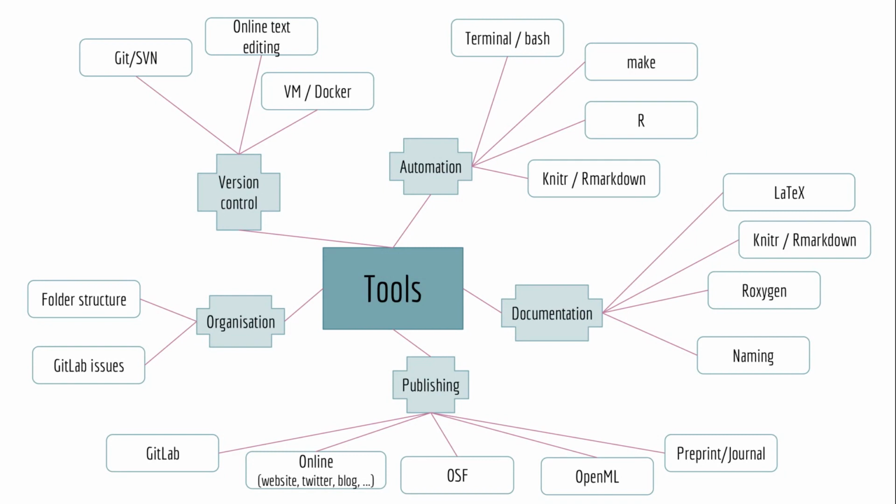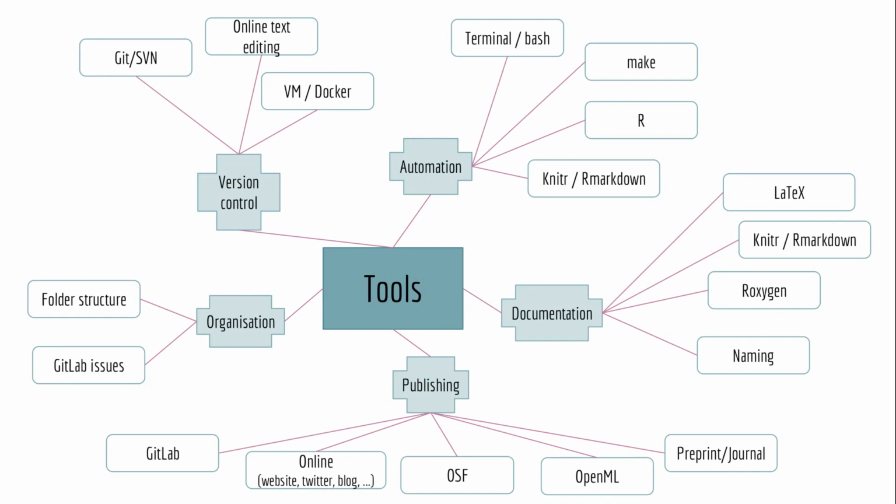Then automation, there I have terminal and bash. I work in Linux because I obviously also like open source and not only open science. So I use terminal a lot. I use make. I talked about make already before. As a statistician, R is maybe the most important tool for me.